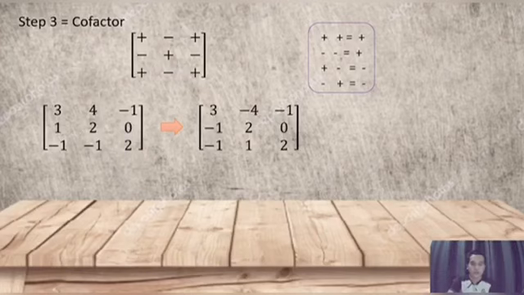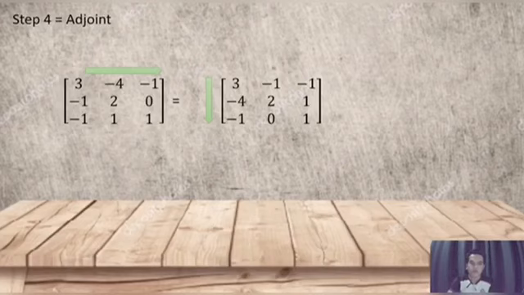And the answer is first row 3, negative 4, negative 1, second row negative 1, 2 and 0, and third row negative 1, 1 and 2.